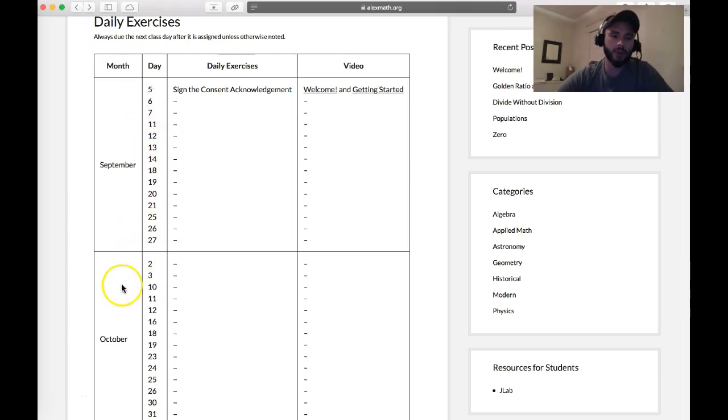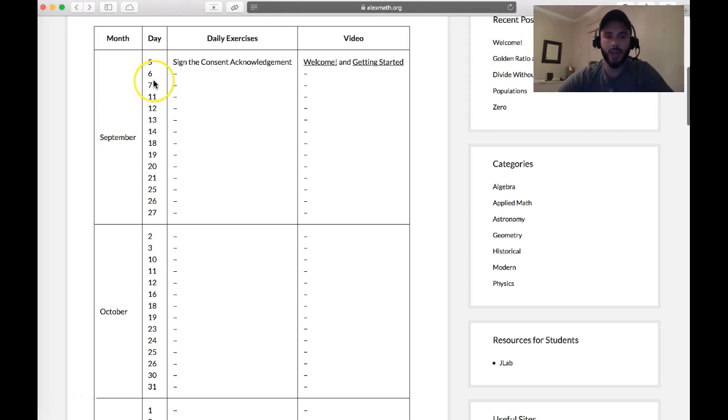I have gone through and counted out the individual days we will have class, and they're all listed right here. These are not continuous. There's a weekend in there, and 2, 3, 10, 11 down in October are missing because of fall festivals, so I didn't put those days in. These are individually picked days we're going to have class.